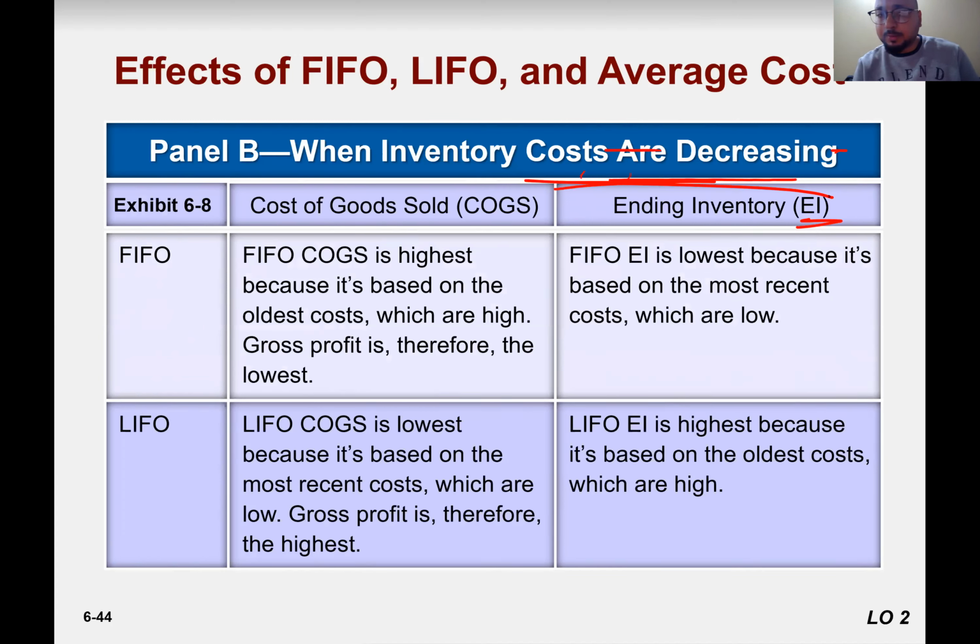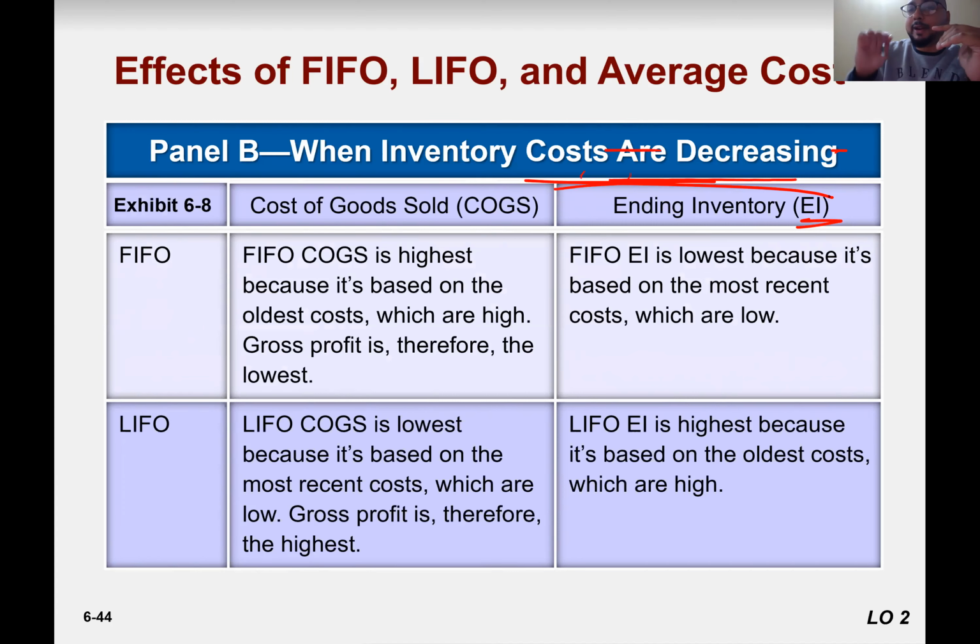So you can replace one with another. In an increasing cost environment, FIFO cost of goods sold is lowest, and in a deflationary period, FIFO is going to be treated like LIFO, right? So FIFO cost of goods sold is going to be highest. So you can just switch it up.